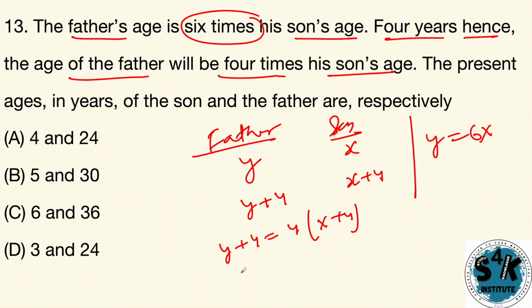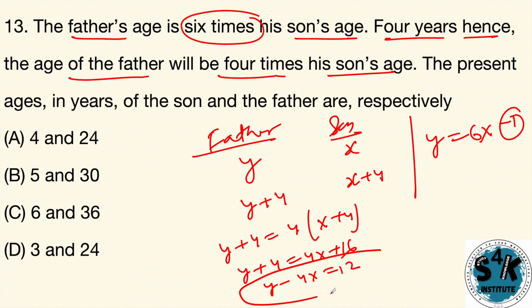So father's age will be just 4 times the son's age after 4 years. Okay, so if I simplify this, I will be getting this. Now I know from the first equation y is equal to 6x. So I will substitute here. So 6x minus 4x is equal to 12.